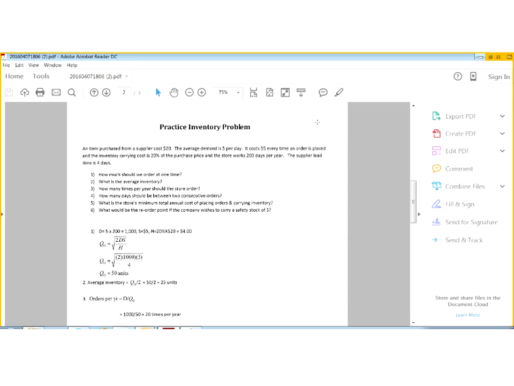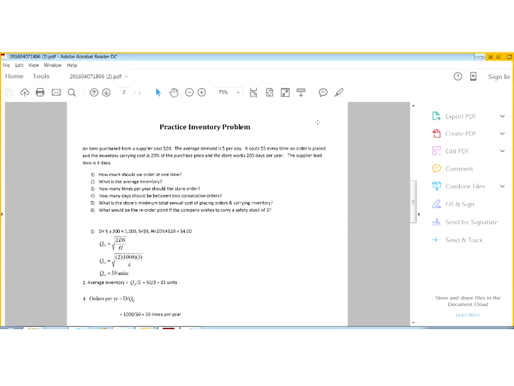You could write either EOQ or Q optimum equal to the square root of 2DS over H. So now we'll insert our variable values into this formula and do the calculation, and this calculates that it is 50 units. That is, every time that we order, we should order exactly 50.